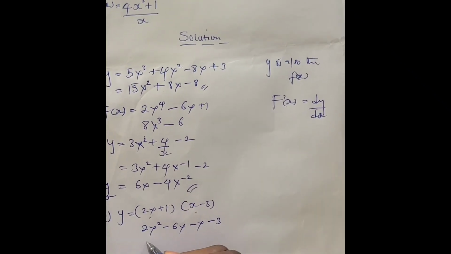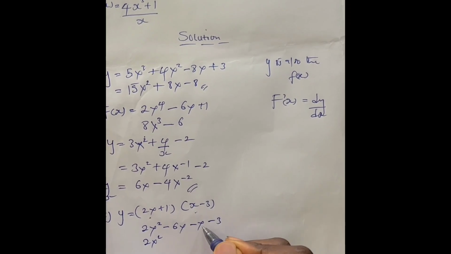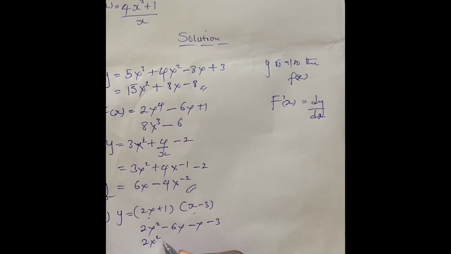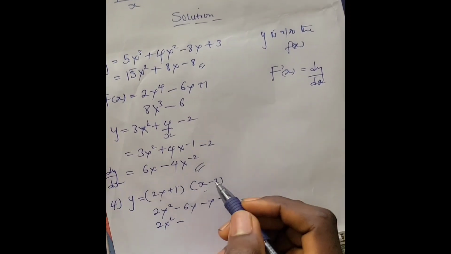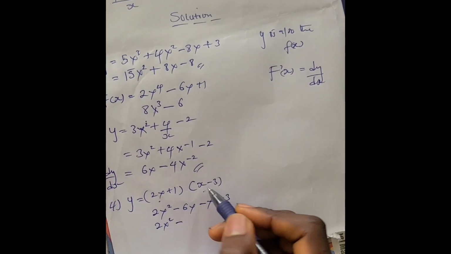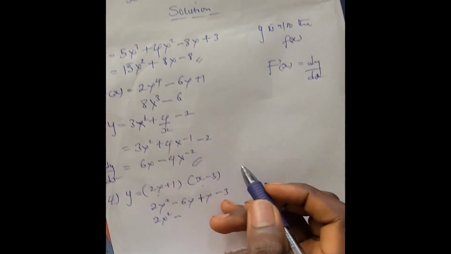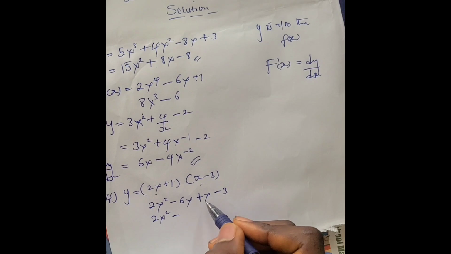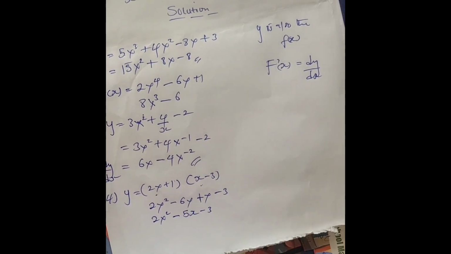Then you add it, 2x squared, minus 6x plus minus x, and when 1 times minus x, it will give you minus x, and when 1 multiplied by 3, it will give you minus 3. So add it, minus 6x minus x will give you minus 5x minus 3, right?